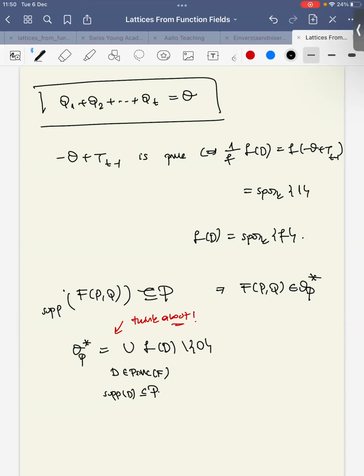Then we can see that L of D is the span of the products of the functions of the form f_PQ, and this completes the proof.